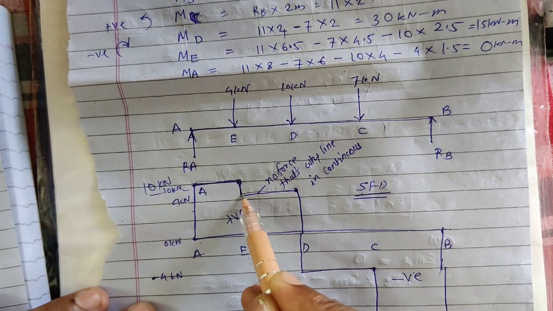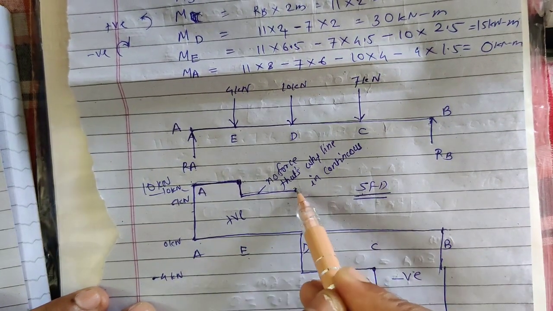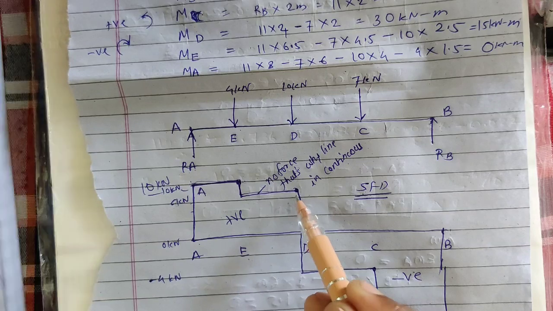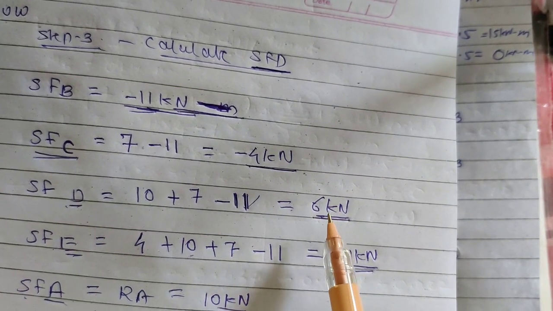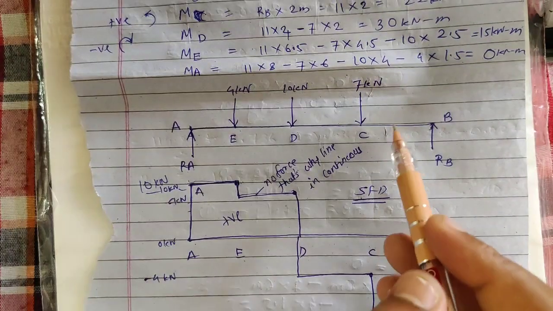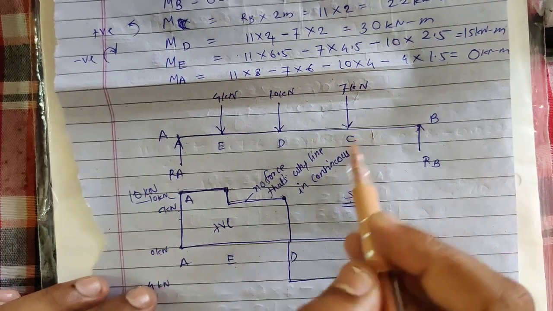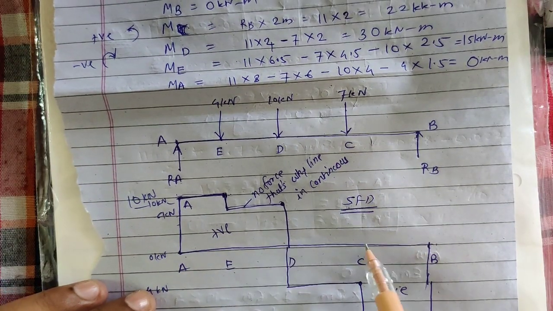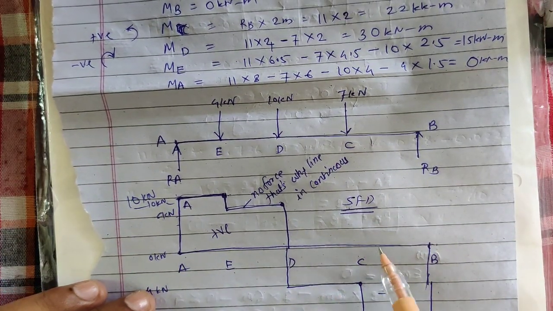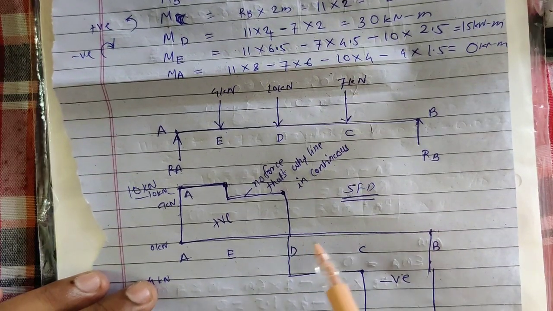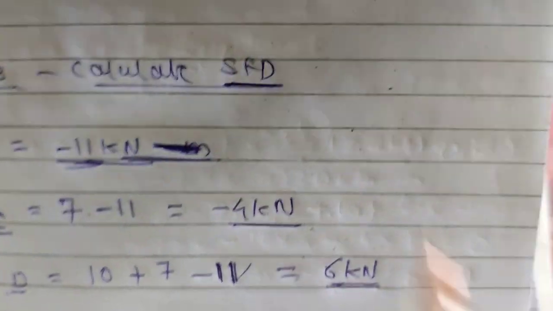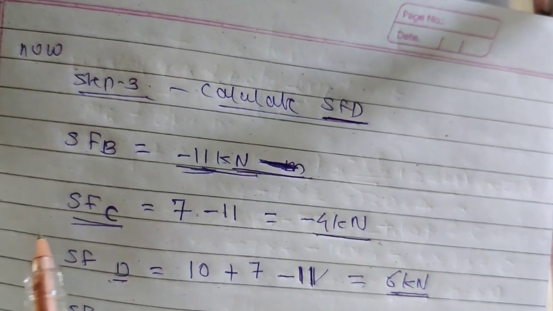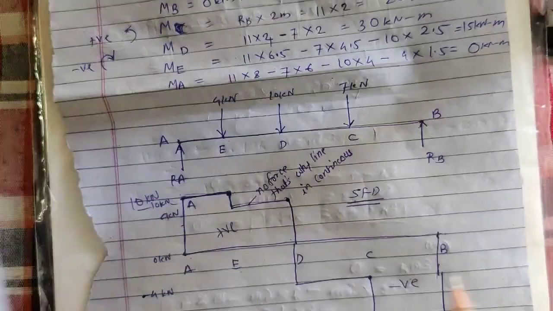From E to D, the shear force value will be 6. So shear force at D is equal to 6 kilonewton. Now from D to C, shear force at C is minus 4 kilonewton.